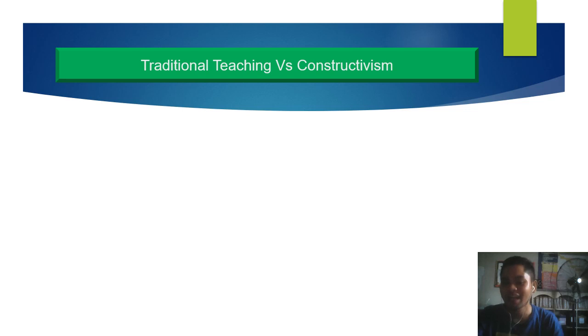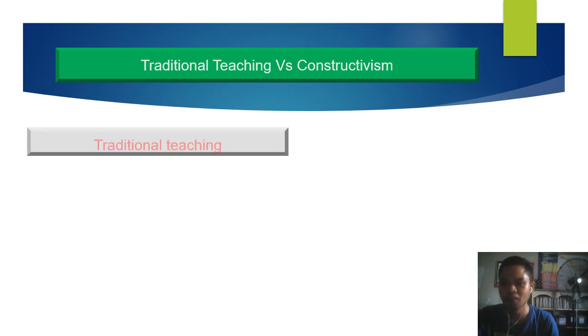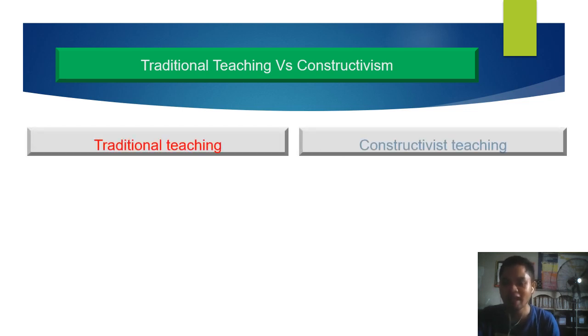All right, so now let's discuss the difference between traditional teaching and constructivist teaching. How do these two differ from each other? As I have said, constructivist teaching wouldn't be realized without the existence of traditional teaching, because this is what we learned and what we used in the educational system in the past centuries.